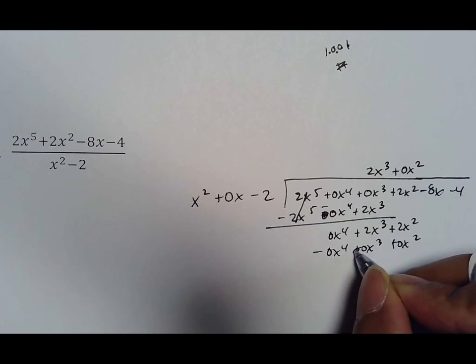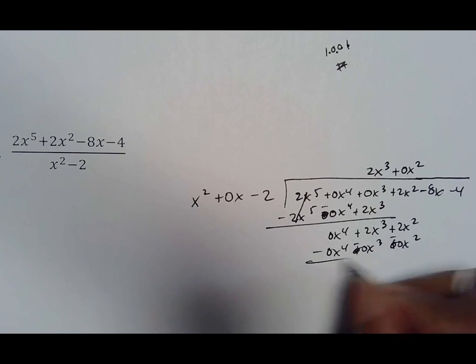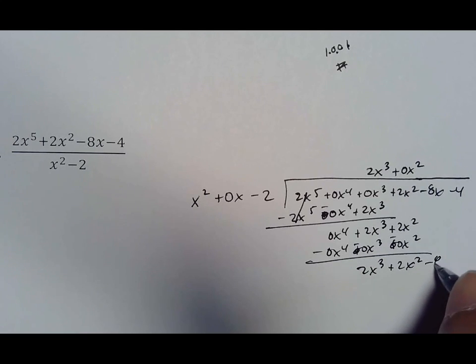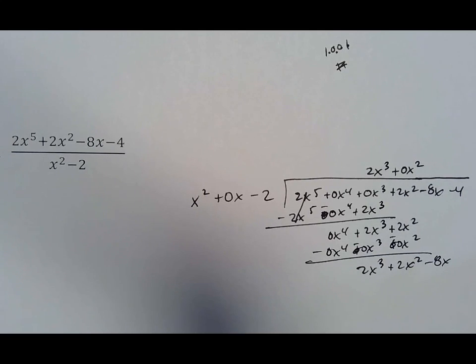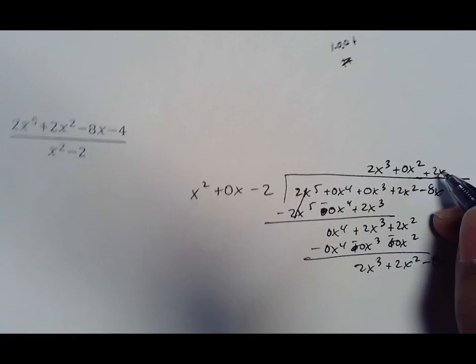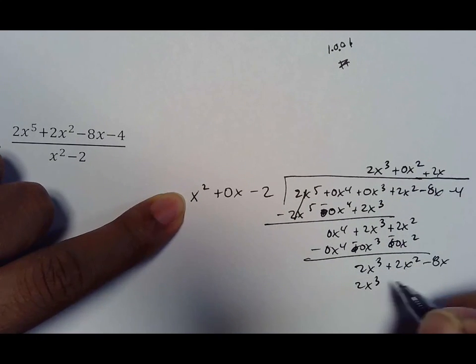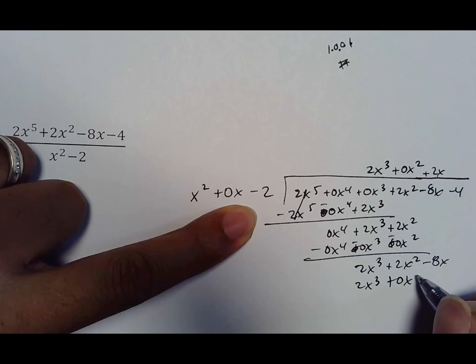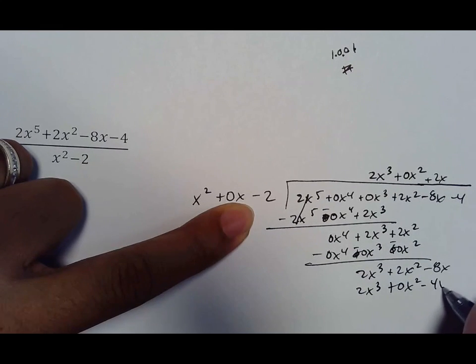The thing is, after you switch this out, which really does nothing, you end up with 2x to the 3rd plus 2x squared minus 8x, which is back on track to where we need to be. What's missing here is a 2 and an x. And again, notice my x is above the x. Multiply here, you get 2x to the 3rd, 0x squared, minus 4x.